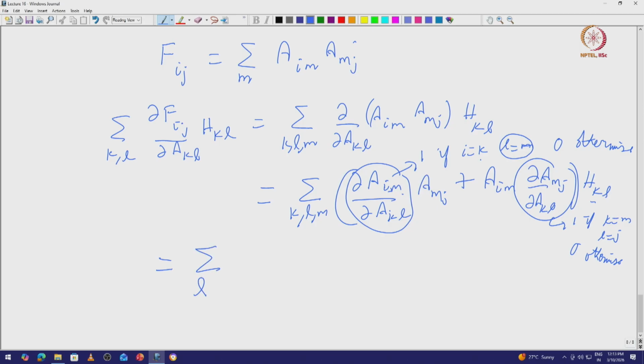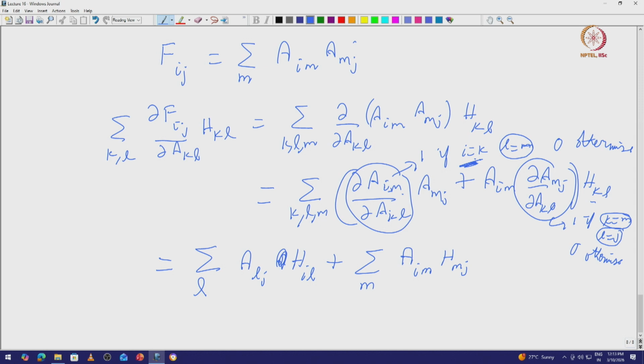You're not summing over k because the only term that survives is when i equals k, and l equals m, giving h_il times A. What about the second one? The only term that survives is when l is j and k is m.